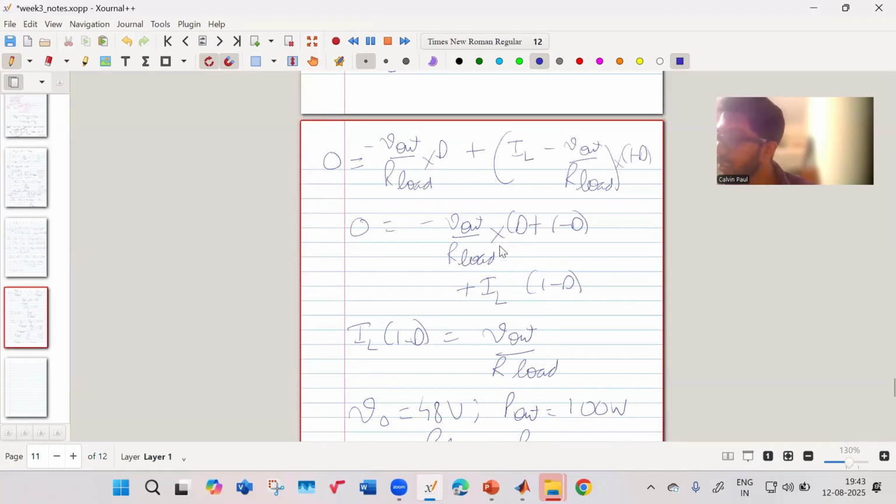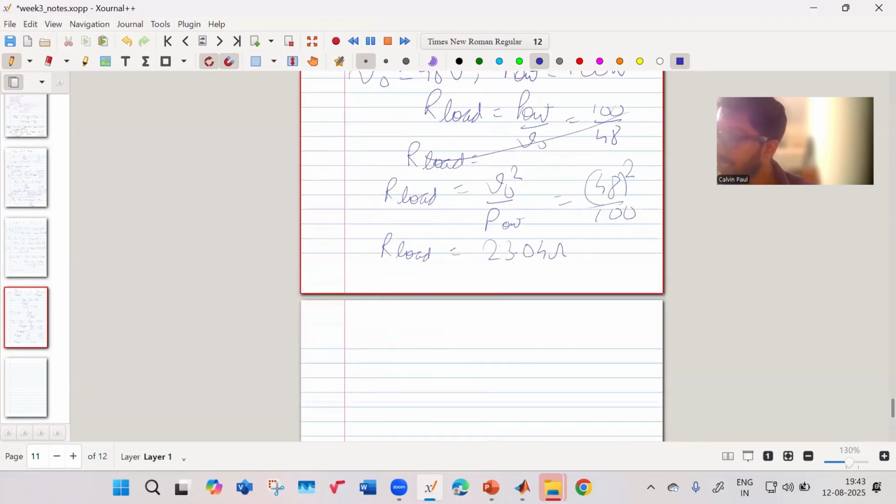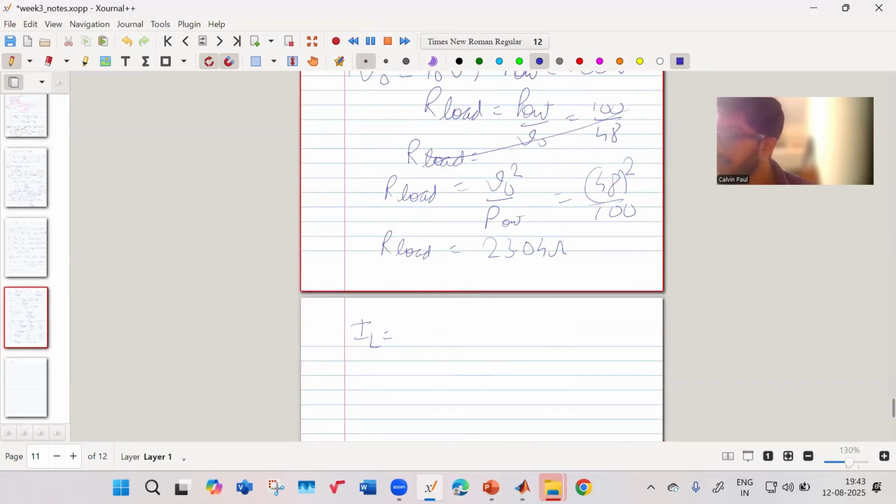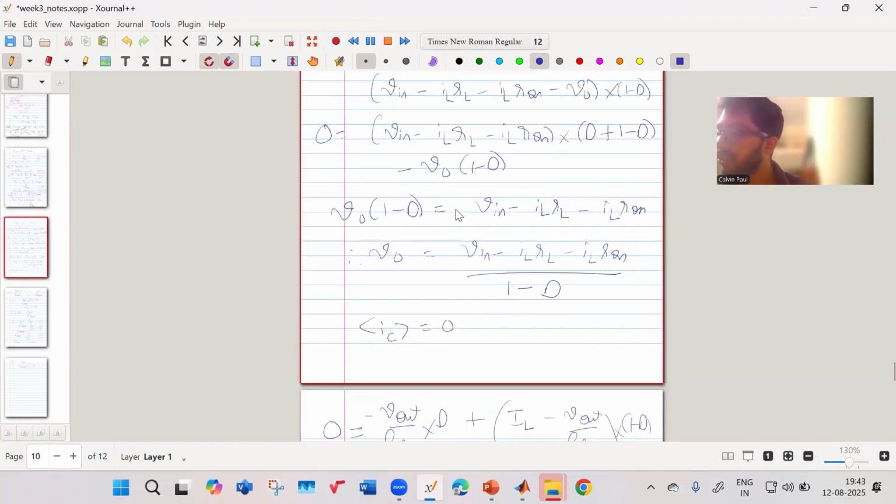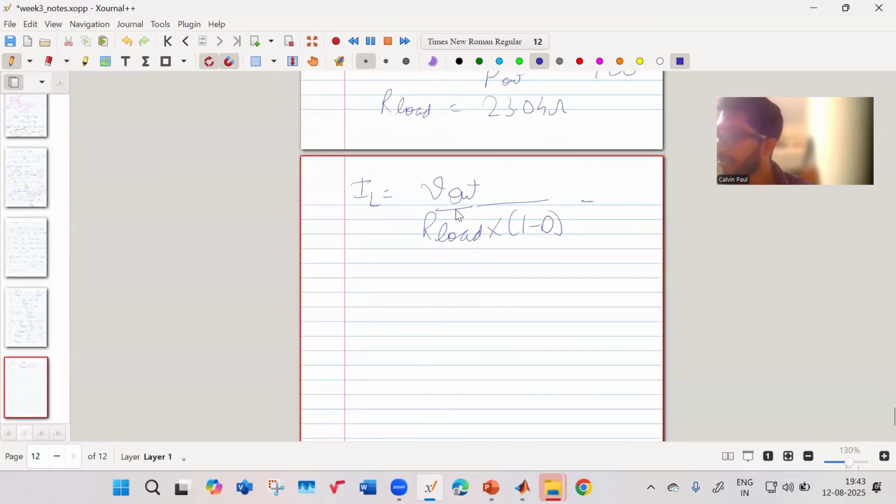What we can do is, we can write IL is equal to V output upon R load into 1 minus D, right? And this we substitute into this. So what do we get?